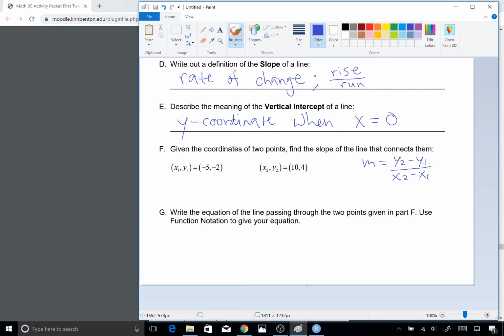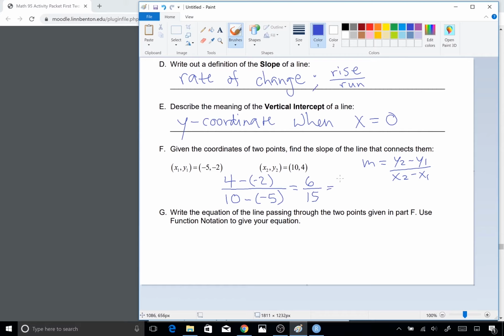So given these 2 points, I can work it out. 4 minus negative 2 divided by 10 minus negative 5 equals 6 over 15.